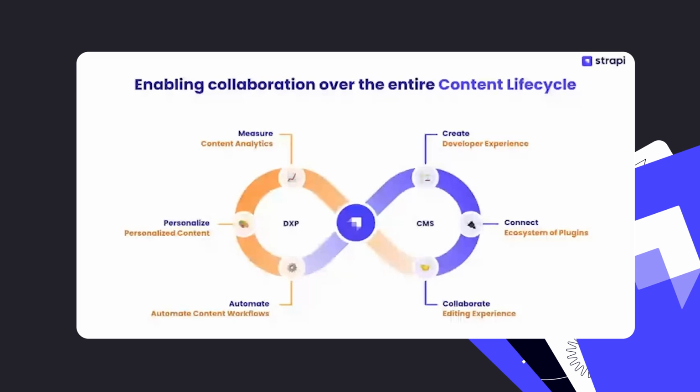This is where we're going with Strapi, and again through integration, making things like content analytics or personalization or automation a reality. So we can go to the next slide.